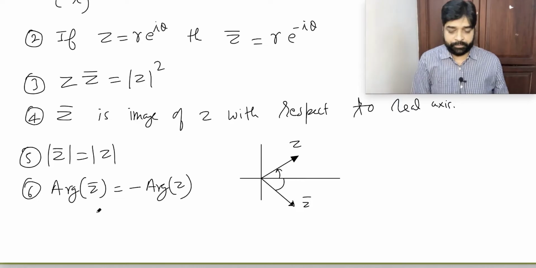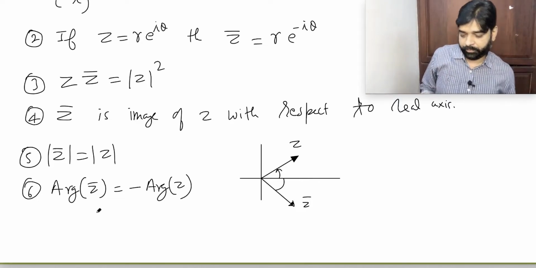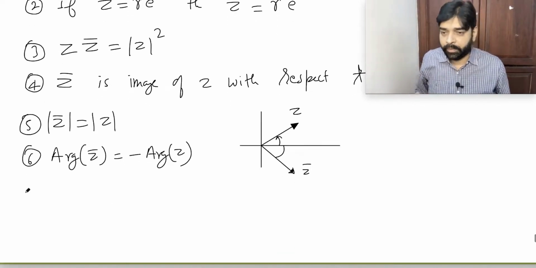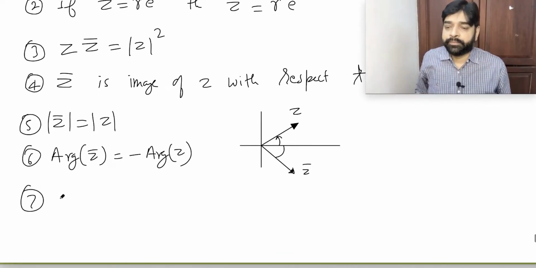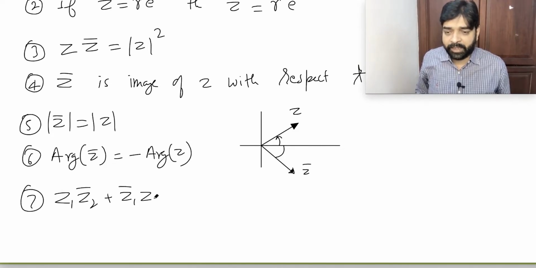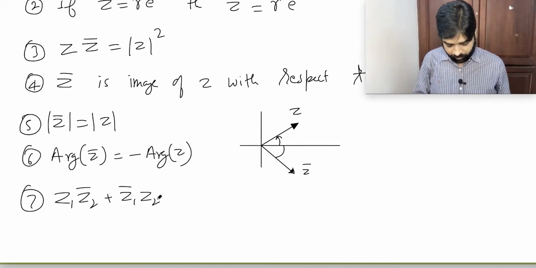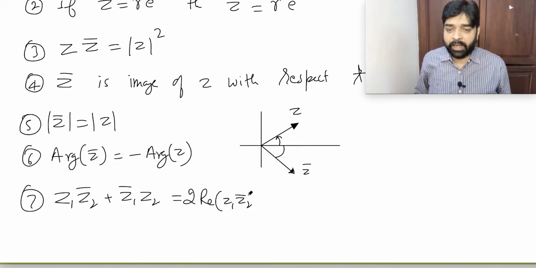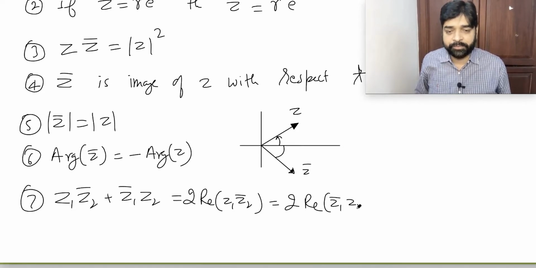Next one. Z1 Z2 bar plus Z1 bar Z2 is equal to 2 real part of Z1 Z2 bar, or you can say 2 real part of Z1 bar Z2.